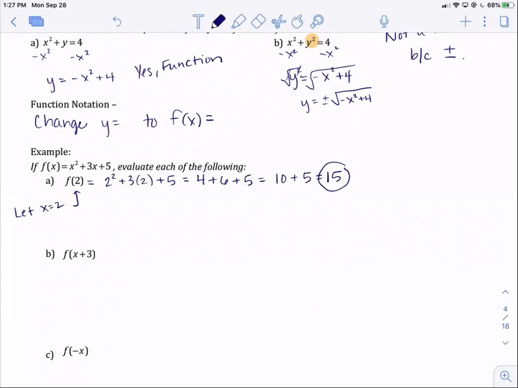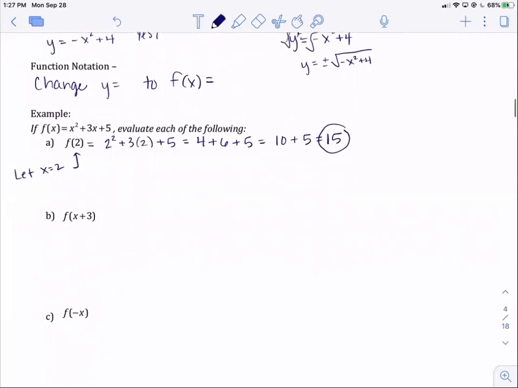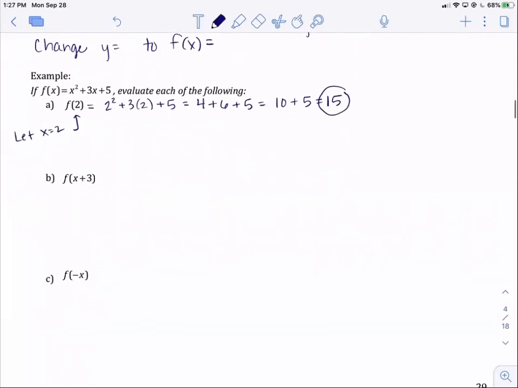Okay, so let's look at B. We want to find f of x plus 3. So what are we plugging into our function? X plus 3. So this becomes x plus 3 quantity squared plus 3 times the quantity x plus 3 plus 5. Well, how do we square a binomial? Not quite.